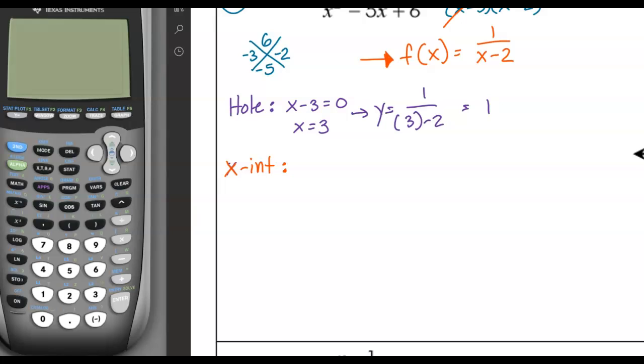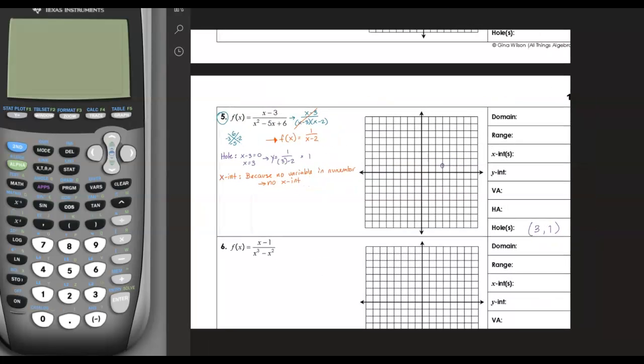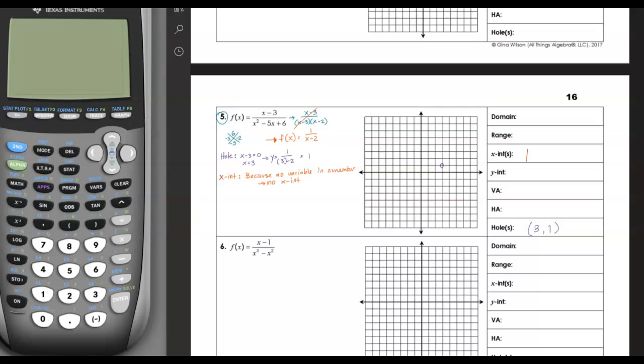Because there is no variable in the numerator, there is no x-intercept. So over here in our little table, we write none.